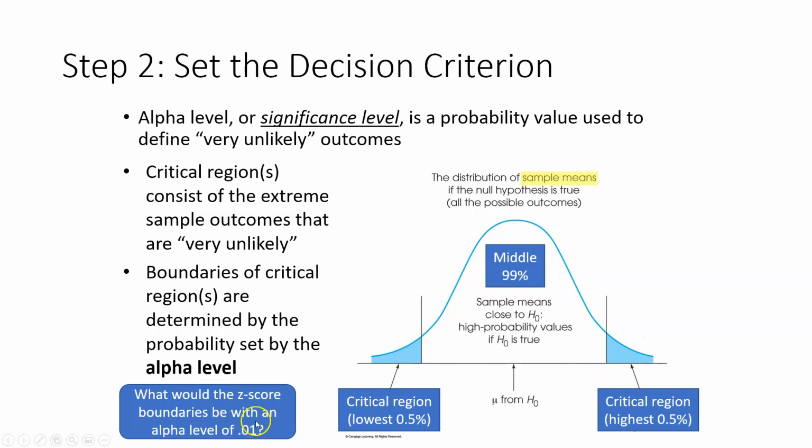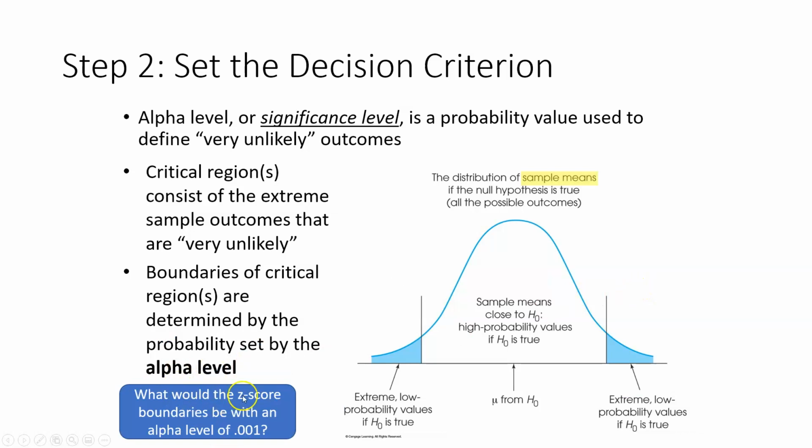Because here we're looking at 0.01, we have to divide that in half across the 2 tails and put the middle 99% in the middle. If you go to your unit normal table, B.1, you should be able to figure out the z-score associated with 0.5% in a tail. You should have discovered that it was negative 2.58 and positive 2.58.